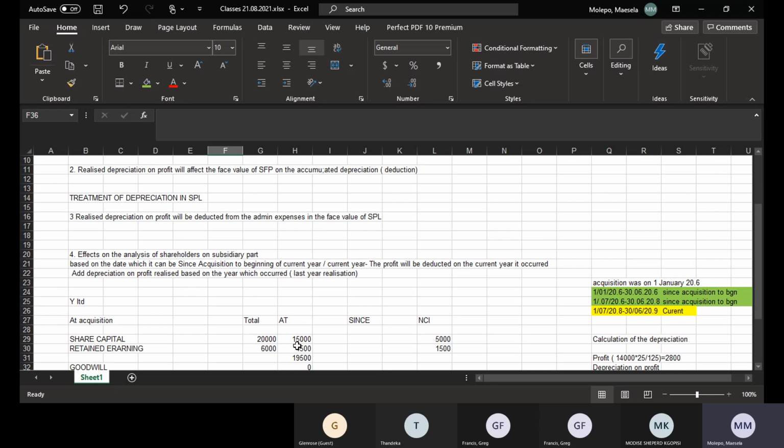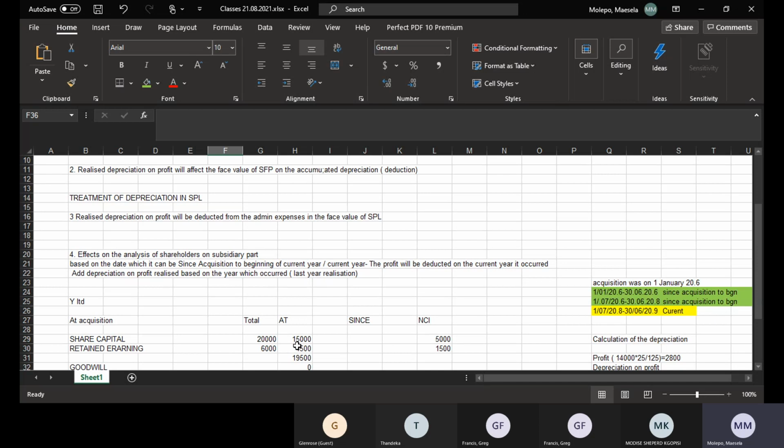So we need to show how that profit affected the current year and the prior year, depending on whether the asset was sold by the subsidiary in the prior year. If it was sold in the prior year, the profit will be deducted in the prior year part, and then the depreciation realized in that prior year will be added to the profit, which is going to affect the retained earnings.